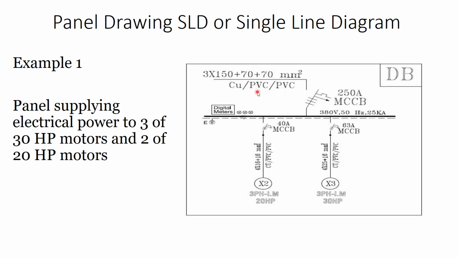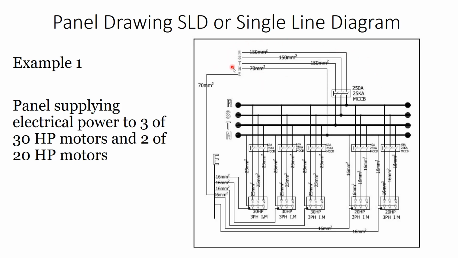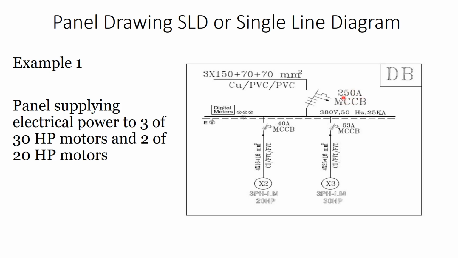This one can be PVC or XLPE, cross-linked polyethylene. So this 3 cables plus 70 plus 70, the same representation as 3 150 plus 70 plus 70, going to a circuit breaker, 250 ampere, 25 kiloampere molded case circuit breaker.